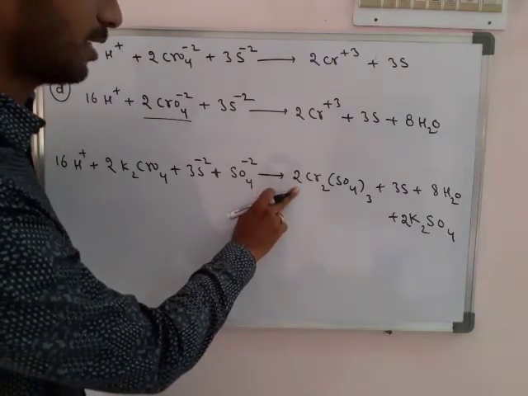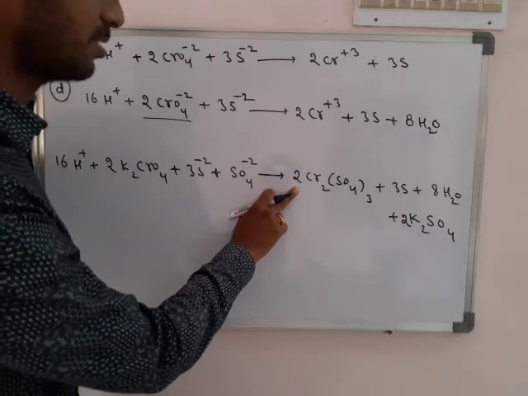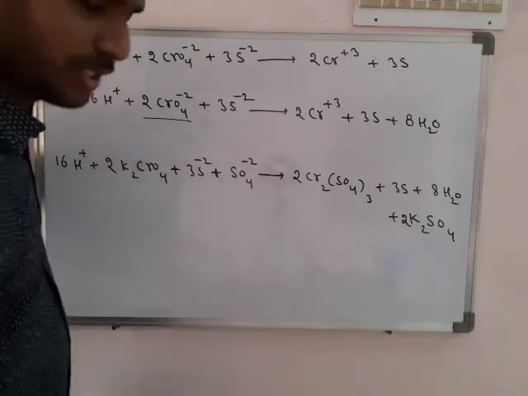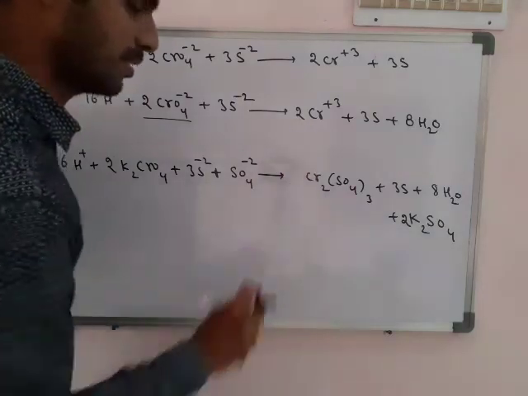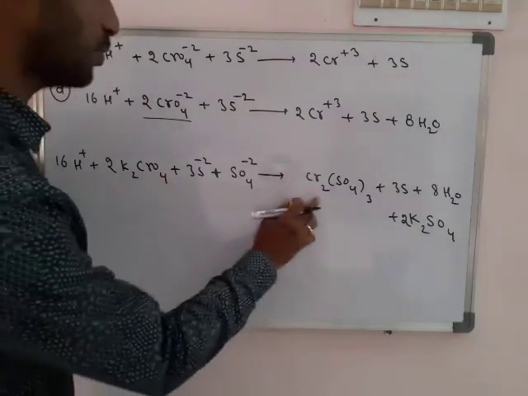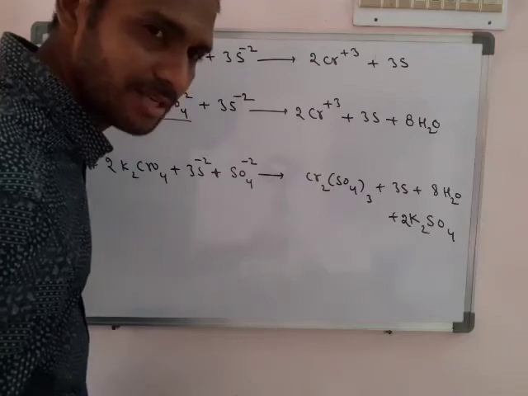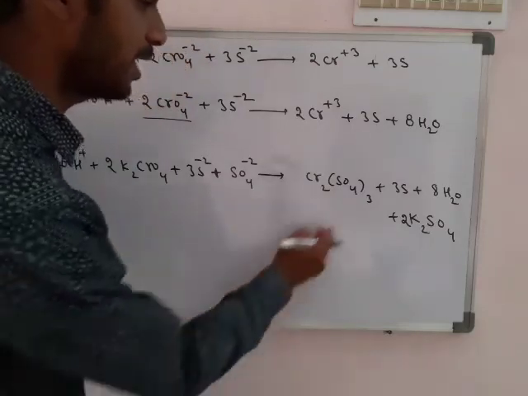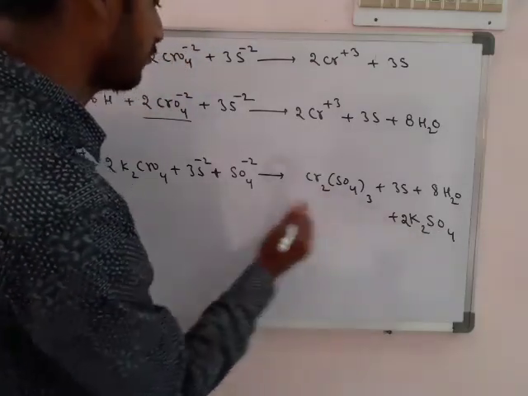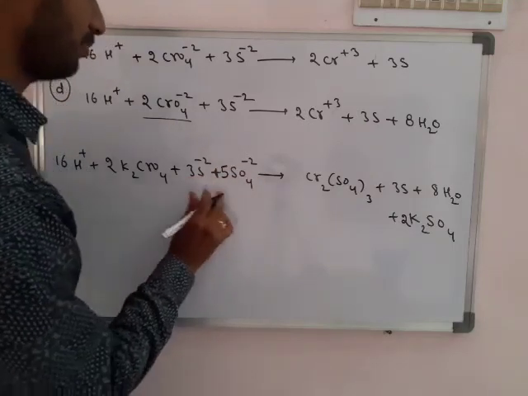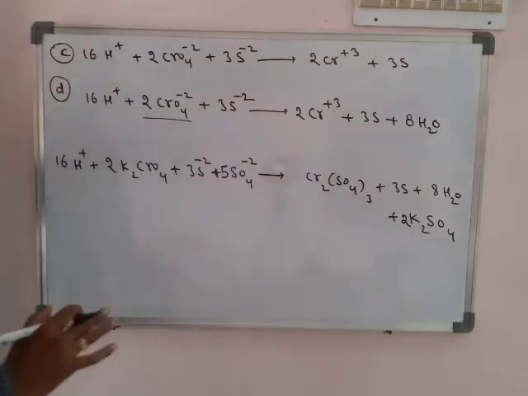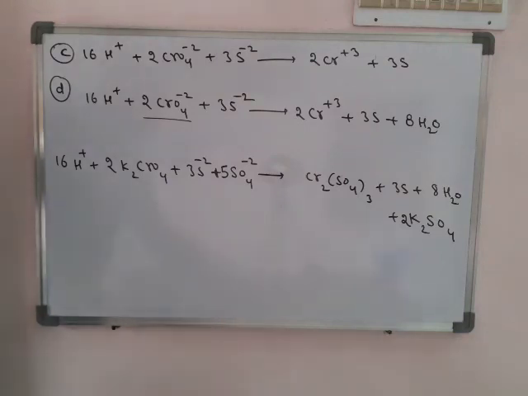So no need to write 2 here I think, because there are already 2 chromiums only, just remove this 2 chromium. For the last adding of extra ions, follow the general method only. Here 3 sulfate, here 2 sulfate, 5 sulfates are there. So here add 5 sulfate. I think now the total equation is balanced.